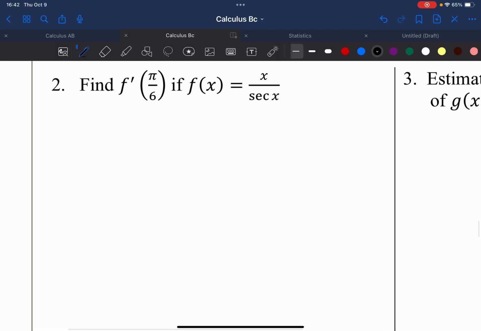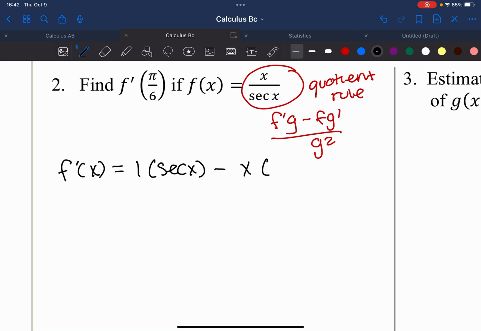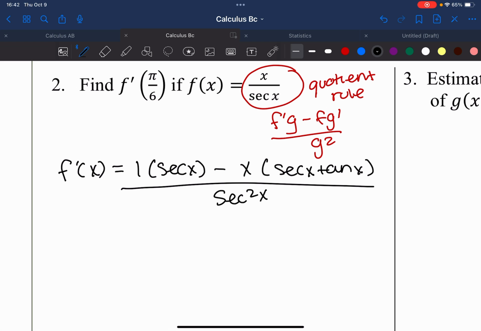Next example, okay, notice that we have the quotient rule, which if you recall is f prime g minus fg prime all over g squared. So I have f prime of x is equal to 1 times secant x minus x times the derivative of secant, which is secant tangent, all divided by secant squared x.